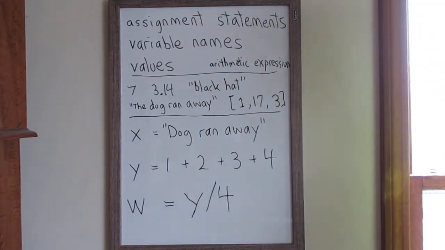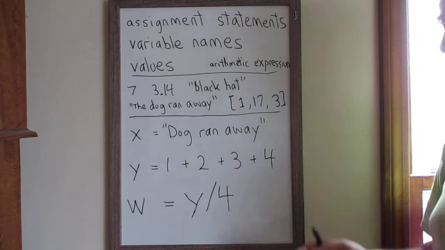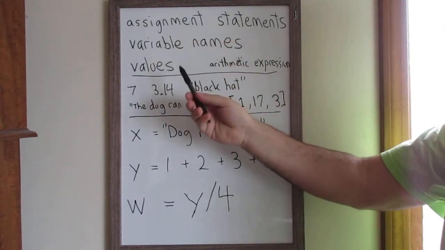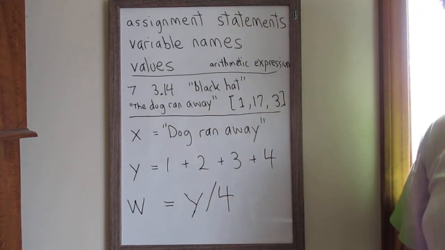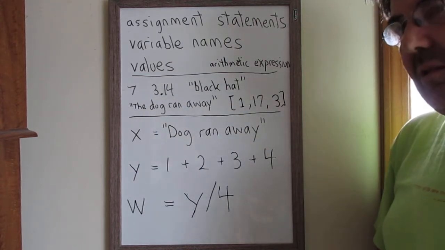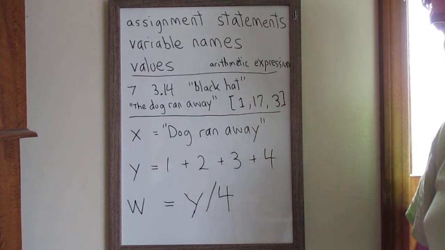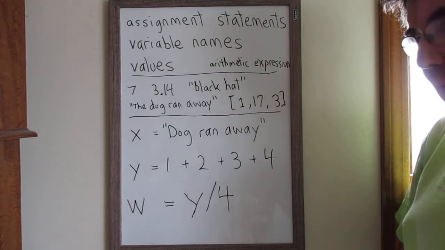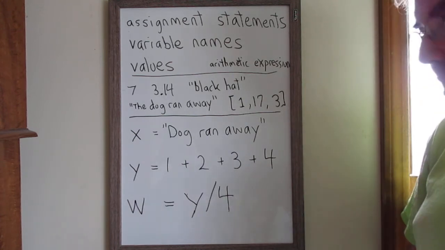Okay, so you should practice with assignment statements, variable names, and values with an interpreter either on the internet or on your local personal computer, so that you can practice with very small codes of, say, Ruby or Python.